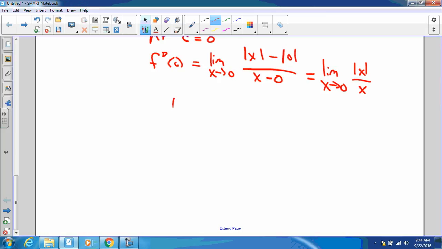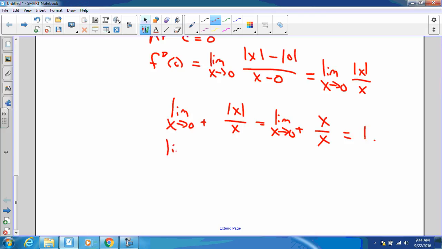So if we consider now splitting this out into left and right, for x's that are greater than 0, the absolute value of x is simply x, and so I get 1.